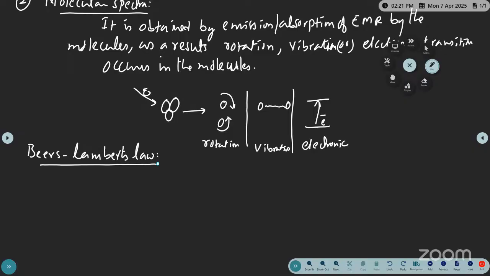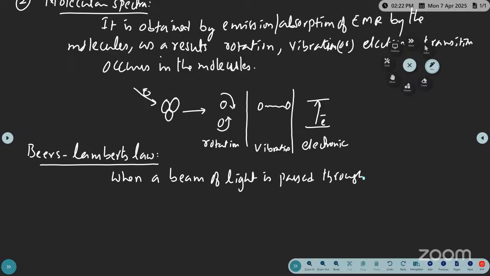ఎలా అంటే చూడండి, so when a beam of light is passed through the solution. Beam of light means a bunch of light radiation is passed through the solution.